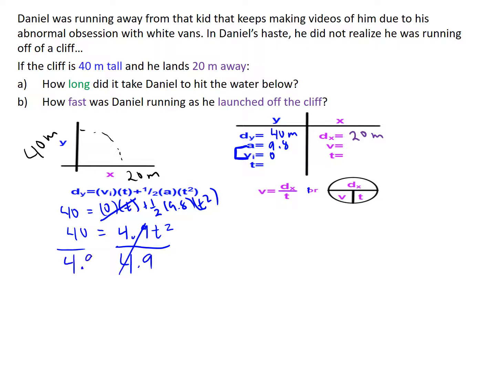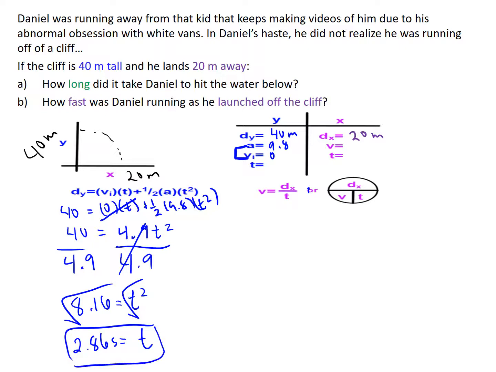And so that crosses out there. So t squared is equal to approximately 8.16. Again, we don't want t squared by itself, so we have to do the opposite, which is to square root. So t is equal to around 2.86 seconds.